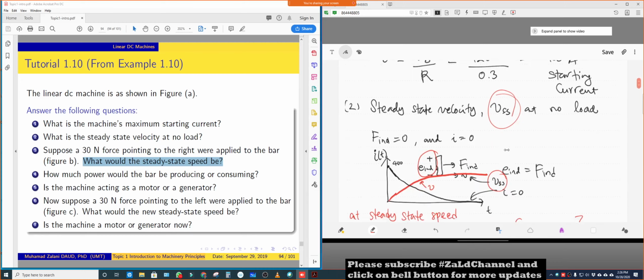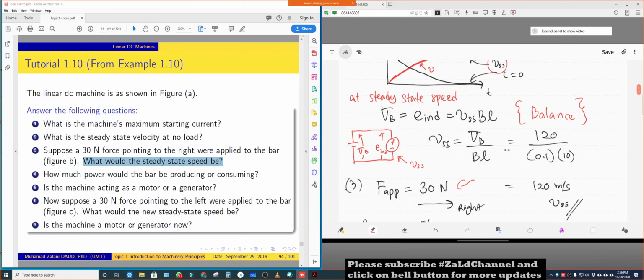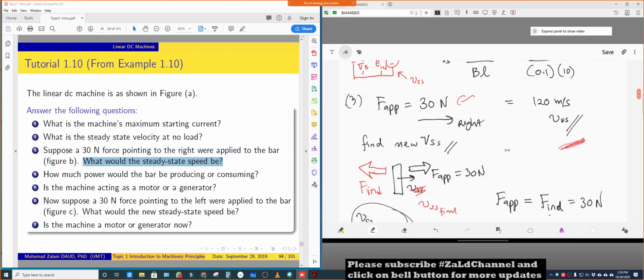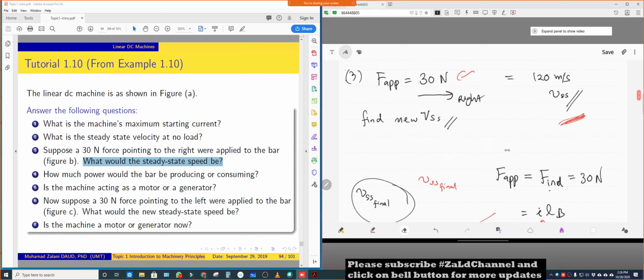We apply the force to the direction of induced force, actually, not applied force. Let me redraw this to make it clear. Actually, the situation is like this. We have the bar. I hope you can see what I am trying to draw now.